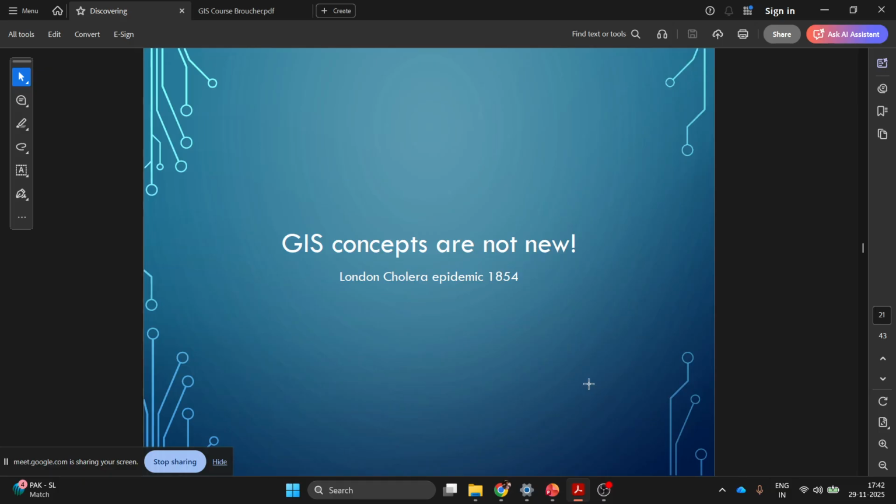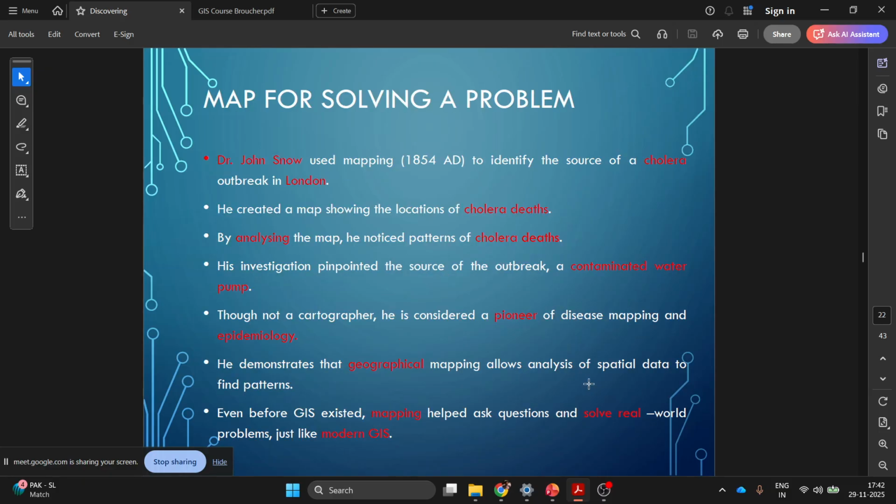It happened in London, a cholera epidemic in 1854. A map for solving a problem. In this, people used a map to solve the outbreak that happened in London. So that is a small case study that happened in 1854. So Dr.